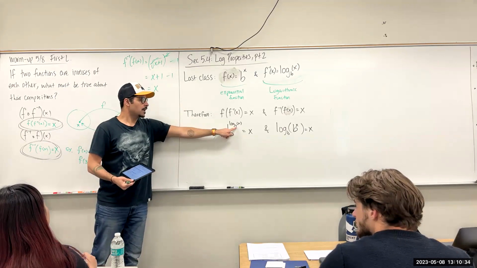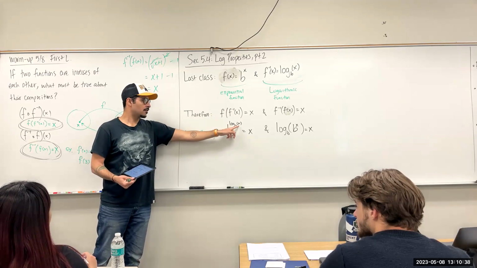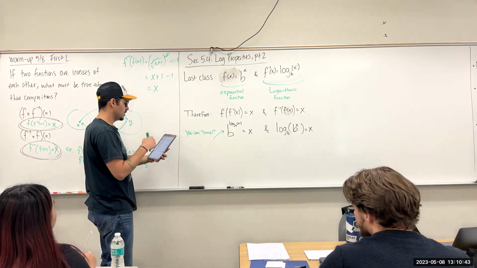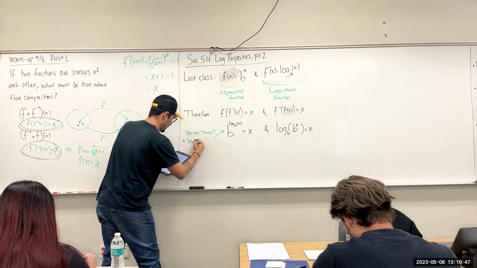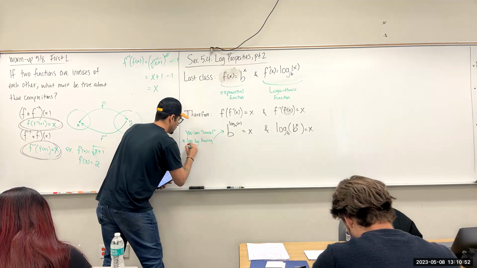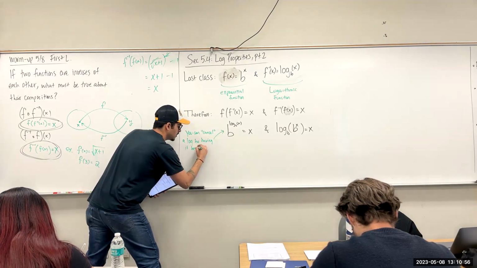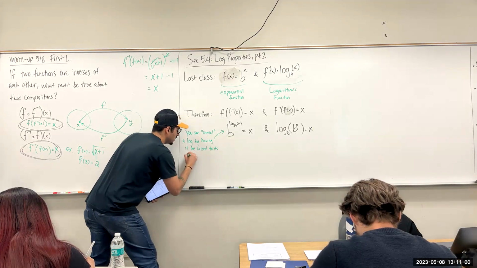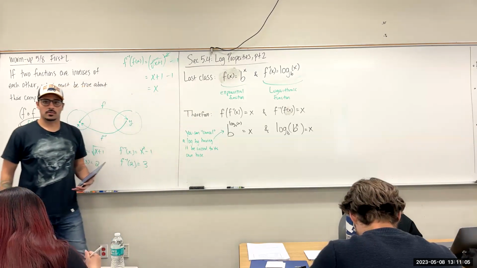The log base b and it being an exponent of b cancel to just end up giving you x. Let me write that in words. So you can cancel a log by having it be raised to its own base. That's going to show up later on with some of the algebra.